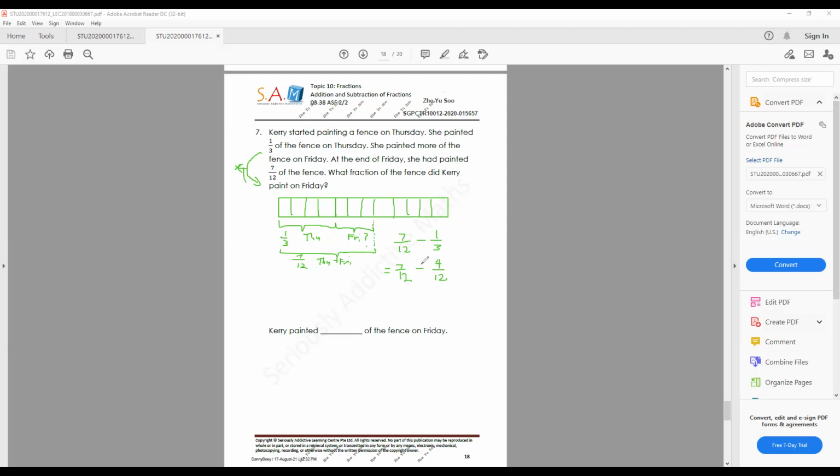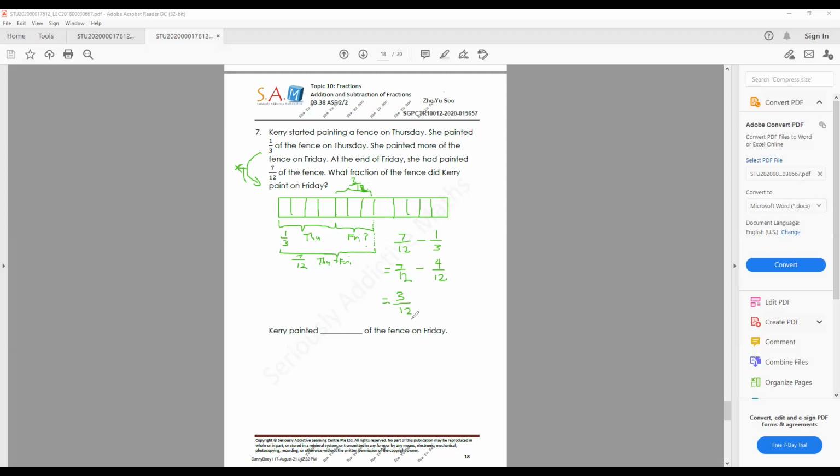So 7 out of 12 minus 4 out of 12 equals 3 out of 12. Did you see that? If you have drawn the model, you will be able to get 3 out of 12 parts as well.